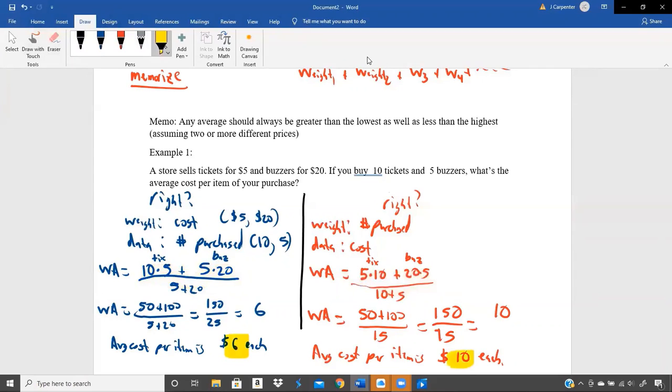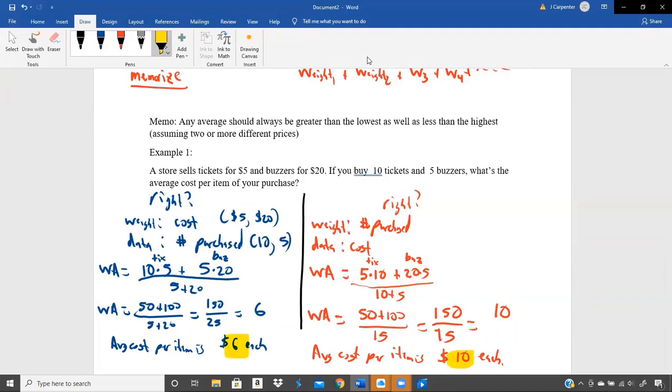So now what we've got to ask is, which one is more likely to be the correct answer? Which answer makes more sense? Because here's how weights work. If you buy one item and 10 items, so if I bought 10 tickets and only one buzzer, the thing that you buy more of is going to have a bigger effect. The thing that you buy more of, or the thing with the bigger weight, is going to have a bigger effect on the average. It means the answer will be closer to that one.